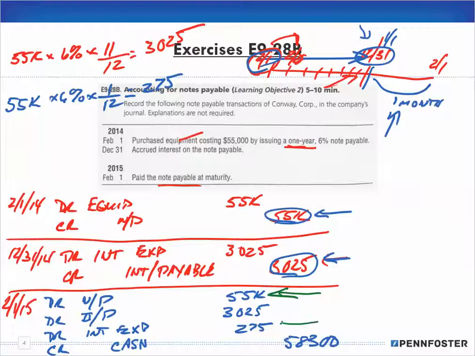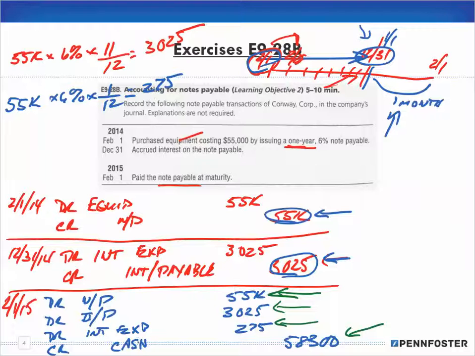I have to do another interest calculation to know the total. So that plus the 275 plus the 3,025 is my interest. The principal is the 55,000. Then I back into how much cash I need to pay the note payable at maturity.